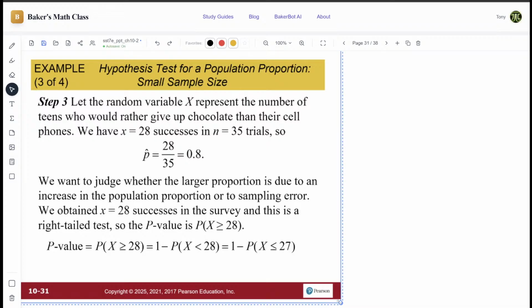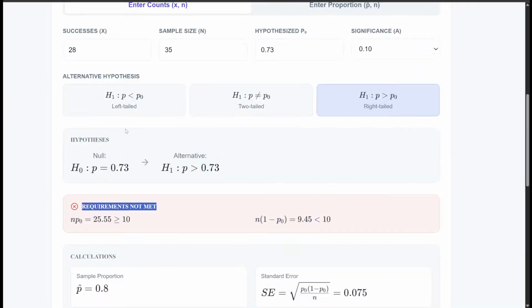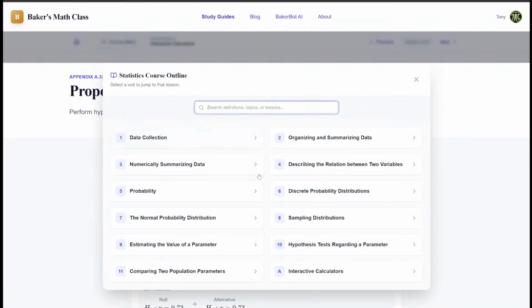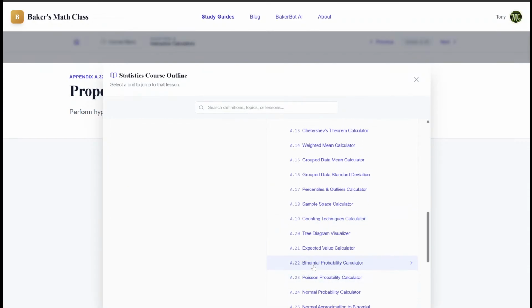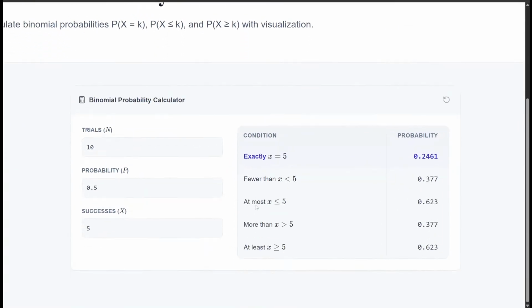So I want my p-value to be x is greater than 28. That's what I'm looking for. So we can go back, and that calculator is, where's the binomial? 22. So we did 35 trials.